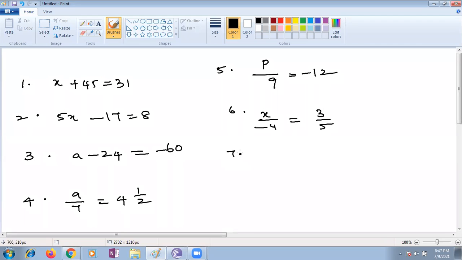In the seventh bit, it is given as 8x minus a. If anyone is facing difficulty in doing the sums, please put IDK in the chat box.